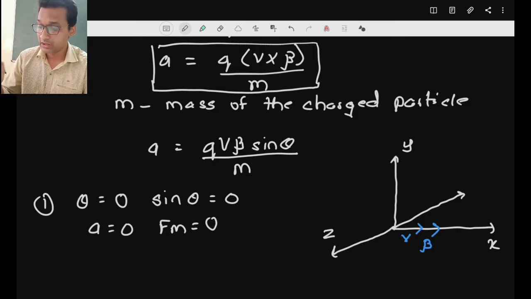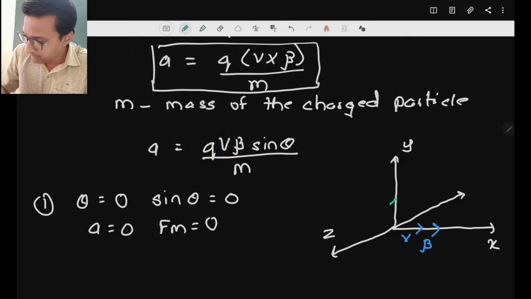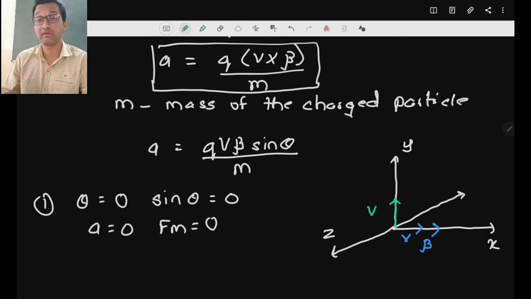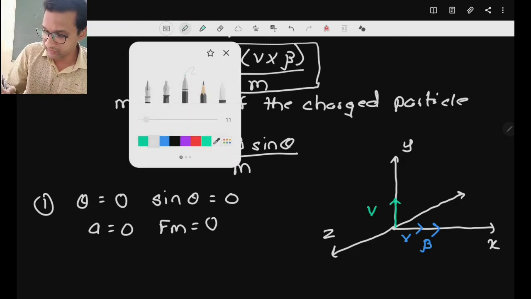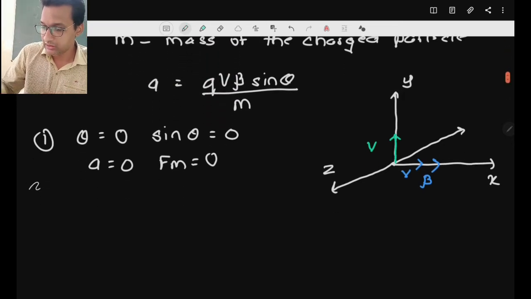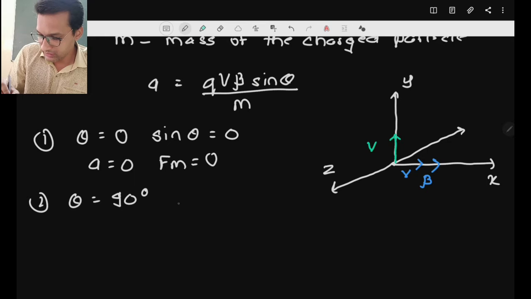Now, if the charged particle is, let us say, moving perpendicular to the magnetic field, that means the angle that we are considering, theta, is 90 degrees. Theta is 90 degree.